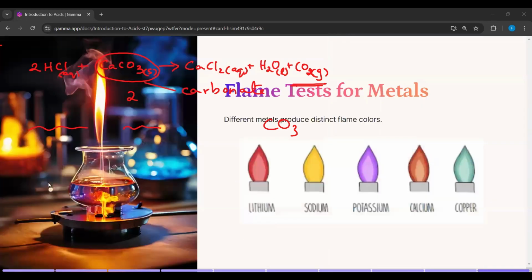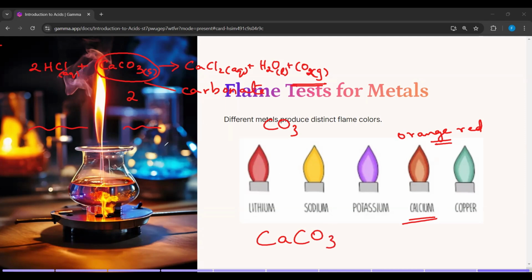And if you get the flame to be orange red, you confirm that the cation is calcium. So that's how you conclude that the unknown salt is calcium carbonate.